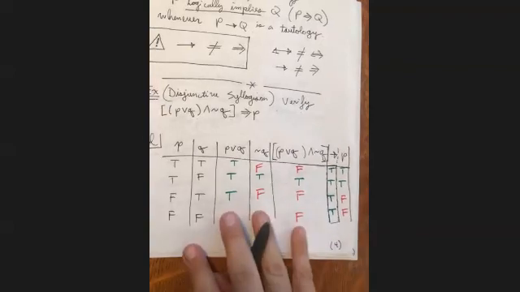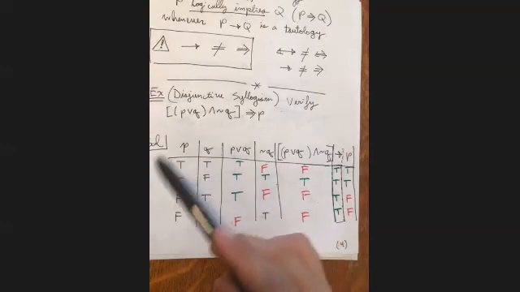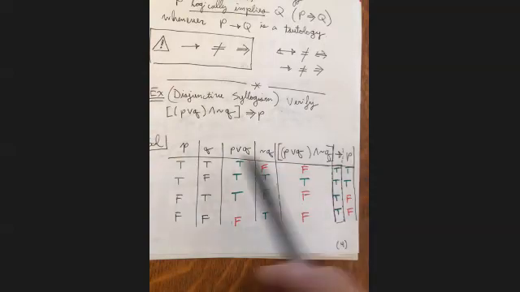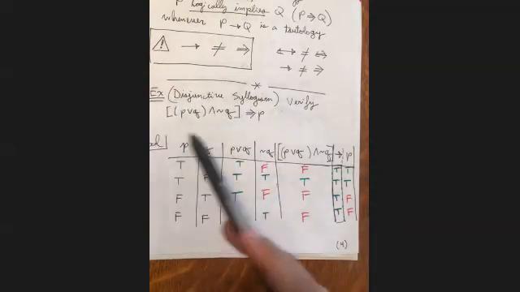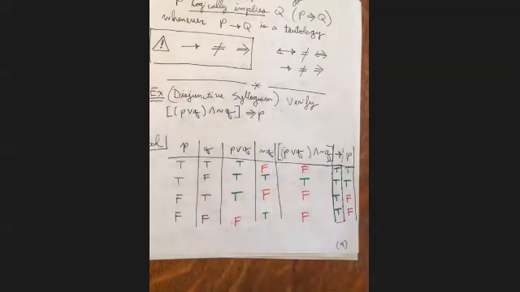And we see that we ended up with all trues, no matter what the assignments of P and Q were. And so this means this implication is a tautology. In other words, this whole complex statement, its truth value only depends really on the value of P, in a way.